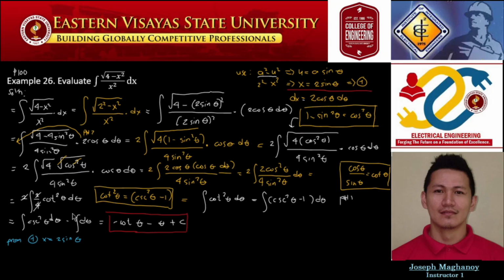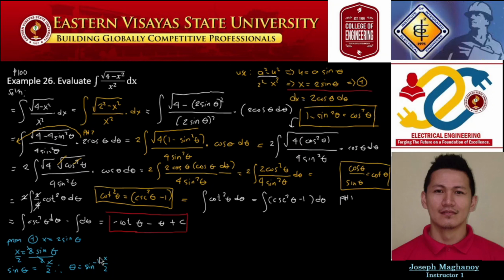If we manipulate this, that is x is equal to 2 sine theta. So over 2, cancel, your sine theta is equal to x over 2. Or we can say your theta is equal to arc sine of x over 2.